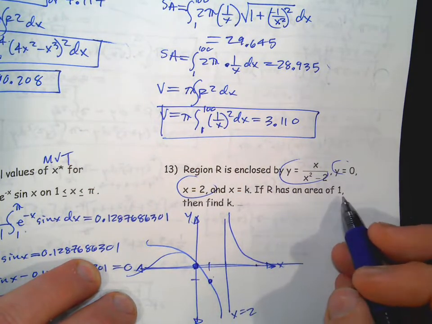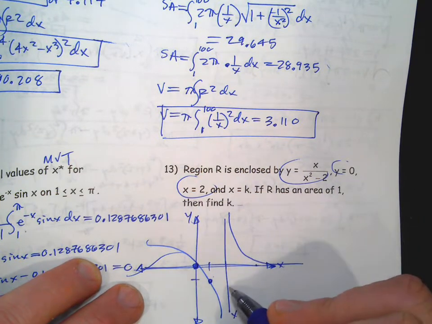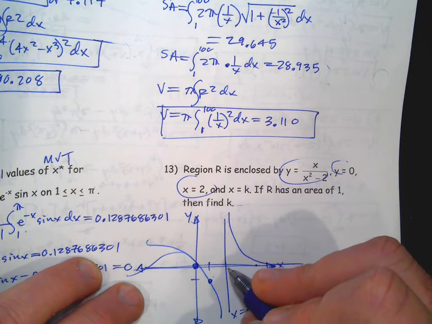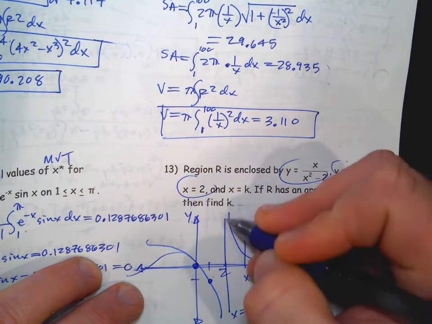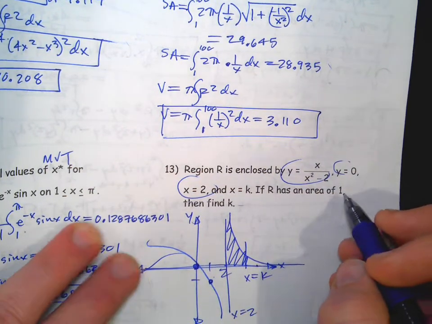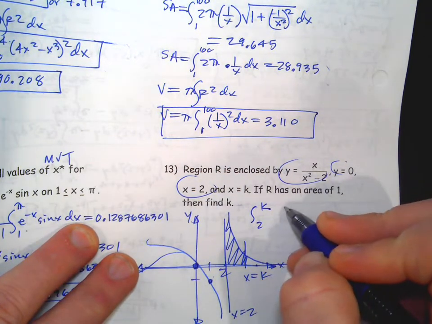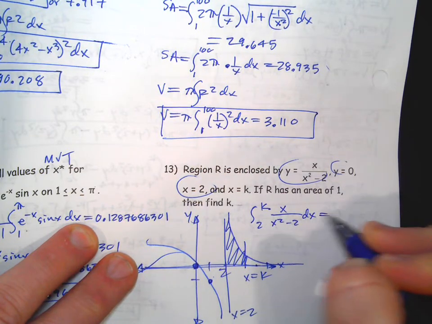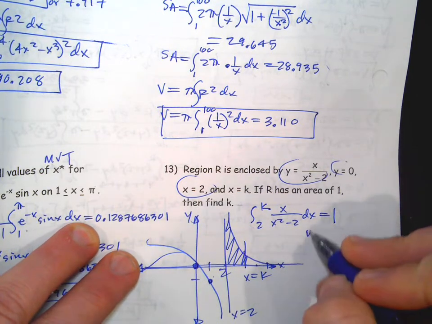If the area of R is 1, R is a region enclosed by x equals 2 to x equals k. So this region right here, and the values are, so we'd integrate 2 to k of x over x squared minus 2 dx and set it equal to 1. So then we would have to integrate this by hand.